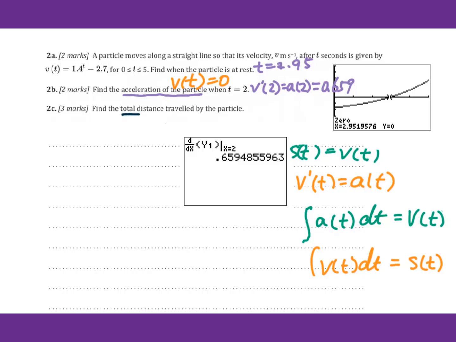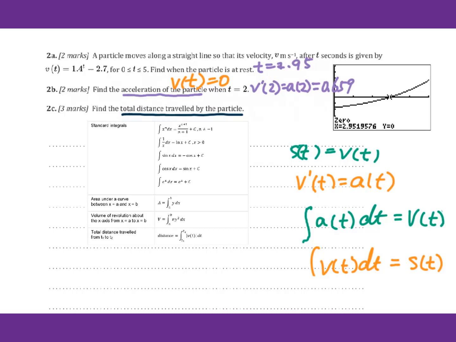Now let's go to 2C. Find the total distance traveled by the particle. Total distance traveled by the particle is given by the formula like this.